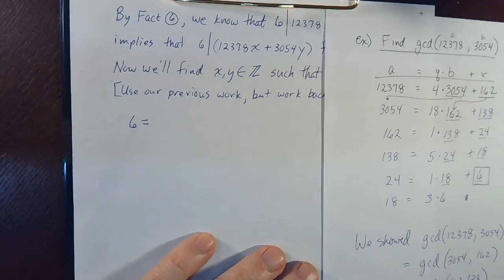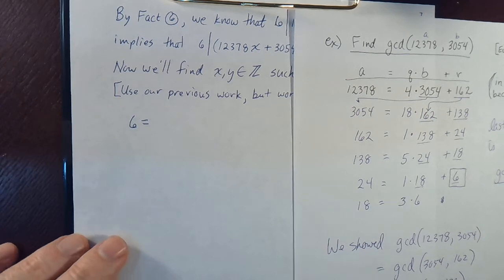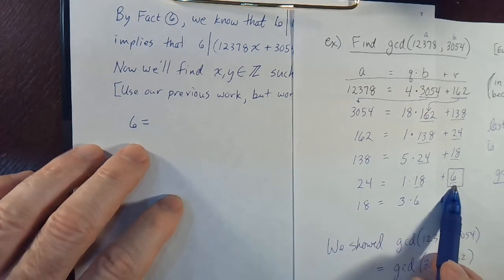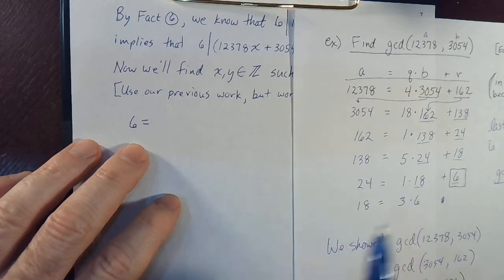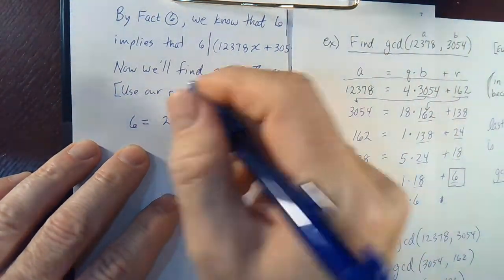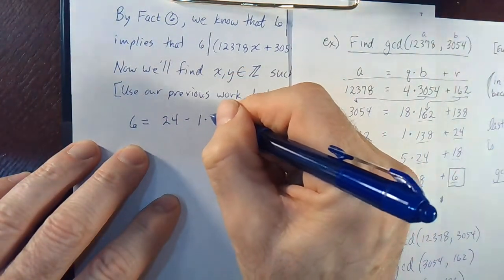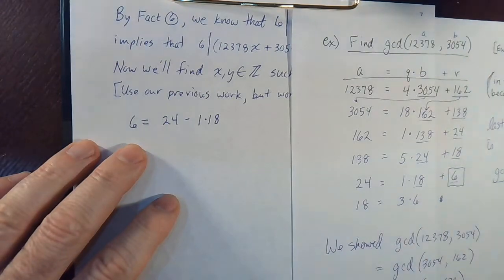So we're going to start, as I mentioned, with the equation: solve this equation for 6. 6 is going to be 24 minus 1 times 18. Just like that.